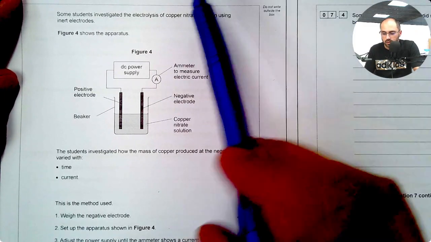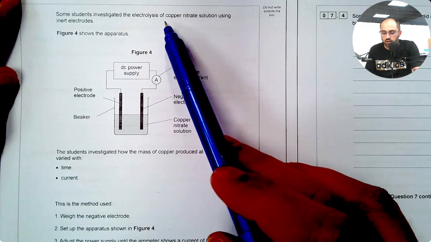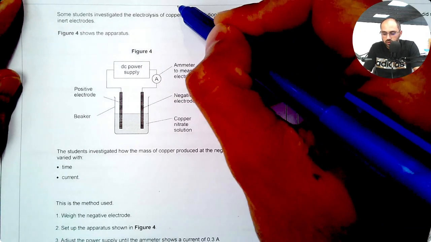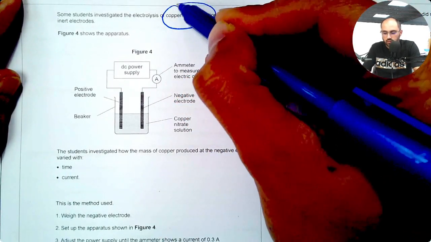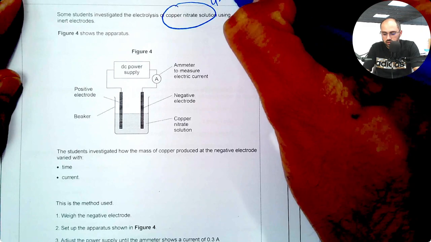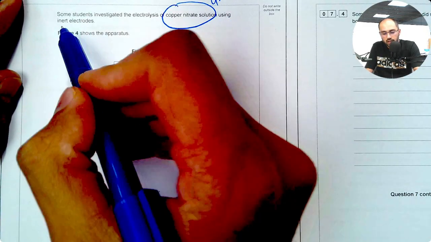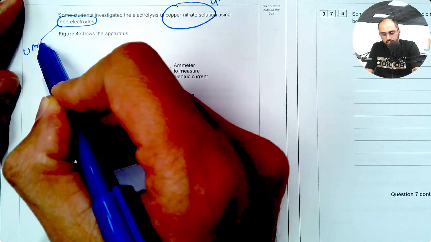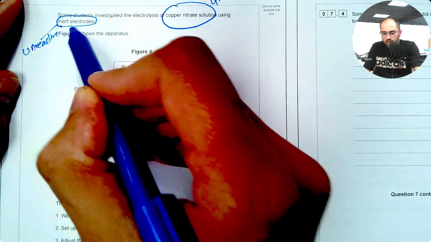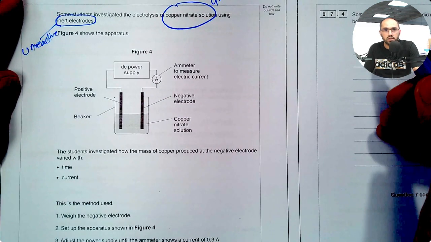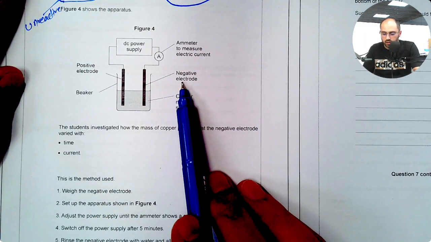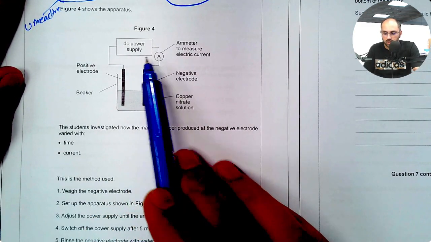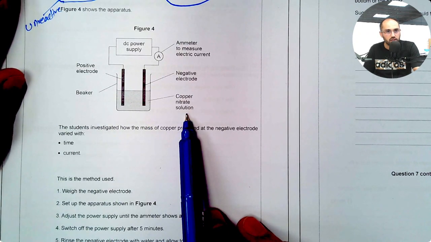The next part now involves a bit of reading. It says, some students investigated the electrolysis of copper nitrate solution. Remember, 4 ions using inert electrodes. Inert electrodes are unreactive. Says figure 4 shows the apparatus. So we've got positive electrode, negative electrode, DC power supply, an ammeter, and copper nitrate solution.